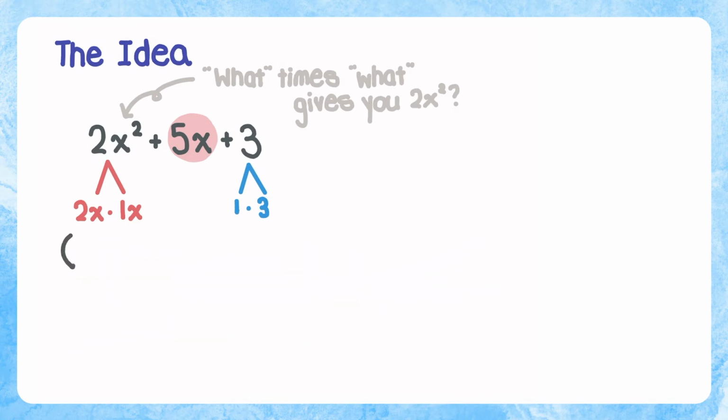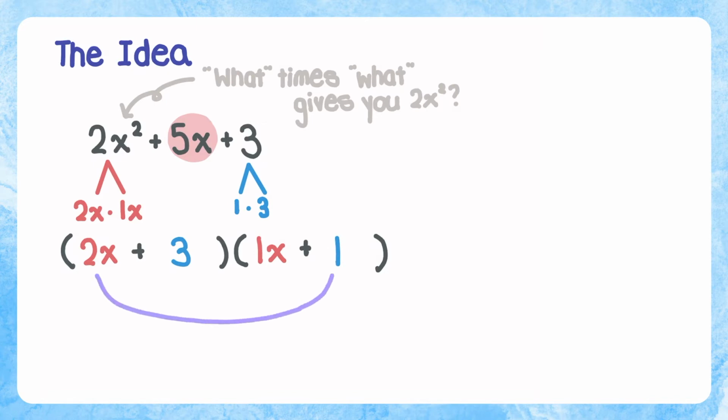So since that didn't work, I'm going to try out the other guess. So same format with the parentheses, and then I'm going to put 2x and the 1x. But now I'm going to try plus 3 and plus 1. So I'm trying out my other option. So to test it out, I'm going to multiply my two outside terms and my two inside terms.